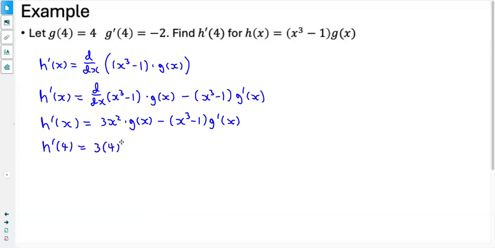So that means we have 3 times 4 squared times g of 4, which we know g of 4 is 4, plus 4 cubed minus 1 times g prime of 4, which we're told is negative 2. And that should give us 318.